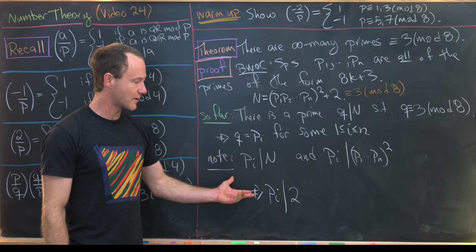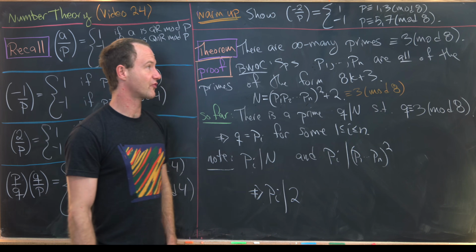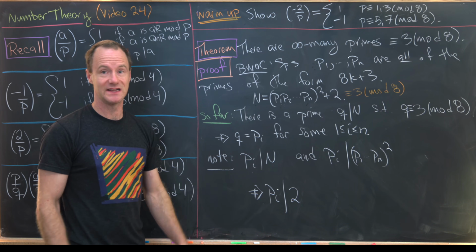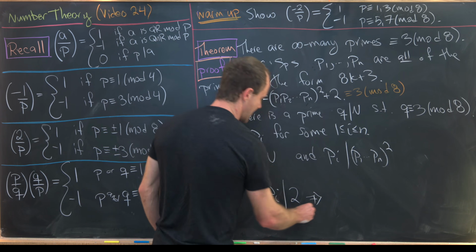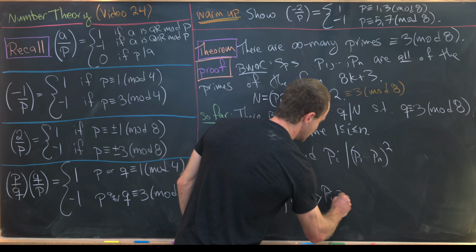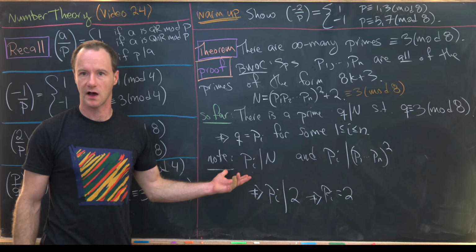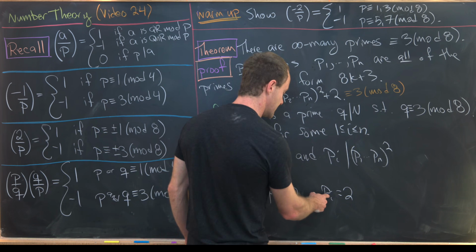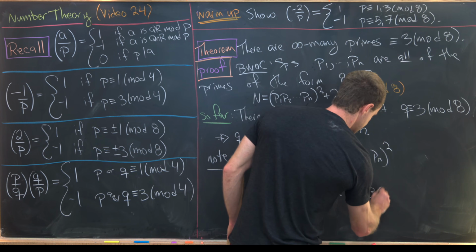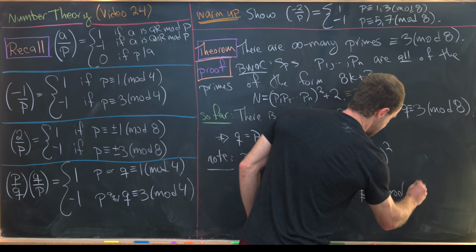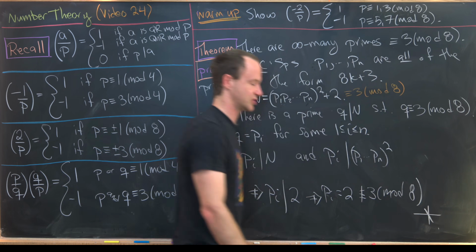But is there a prime that is 3 mod 8 that divides 2? No, there is not, because the only prime that divides 2 is equal to 2. Obviously, because 2 is prime, but 2 is not congruent to 3 mod 8. So we've reached a contradiction.